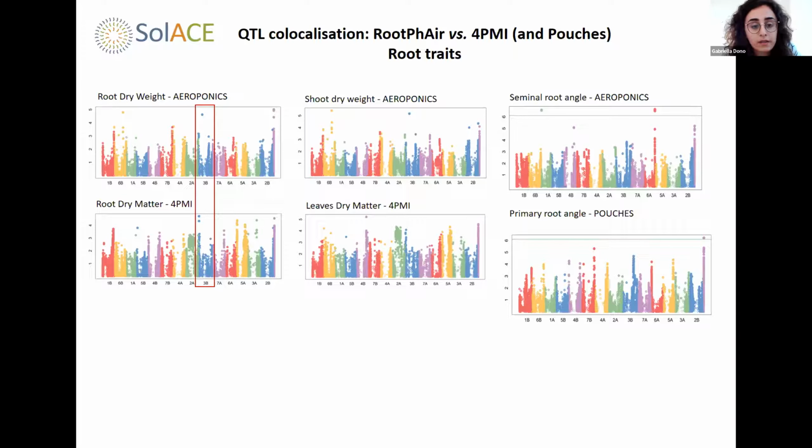But we still need to go into more details with this. And so for now, we will go on with the analysis of the results we've obtained with the root PhenoAir analysis in the GWAS Analysis Association. So thank you for your attention, and that's all from me.